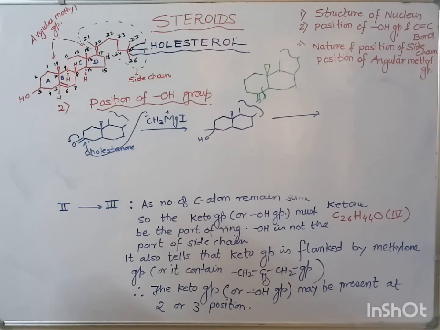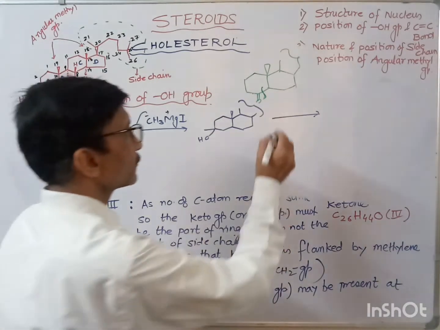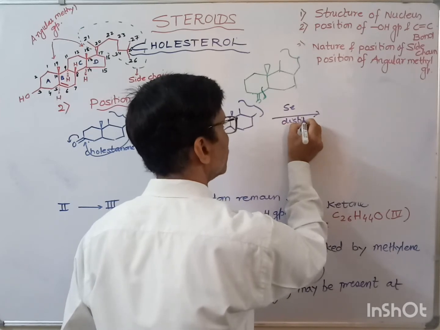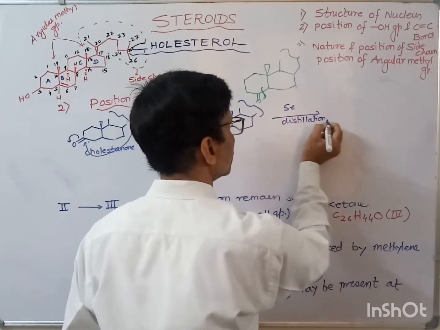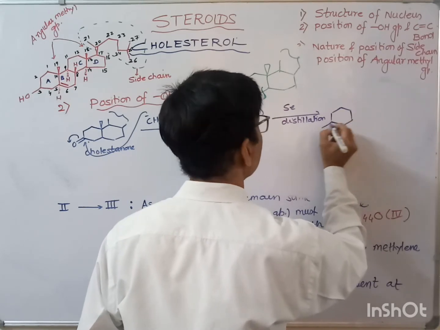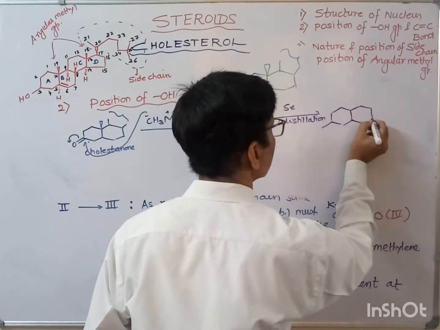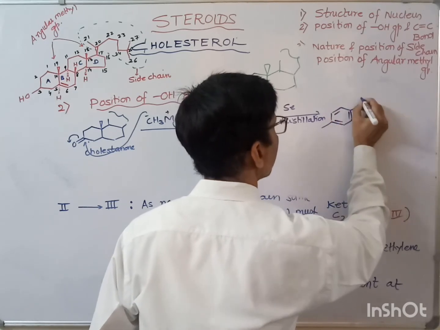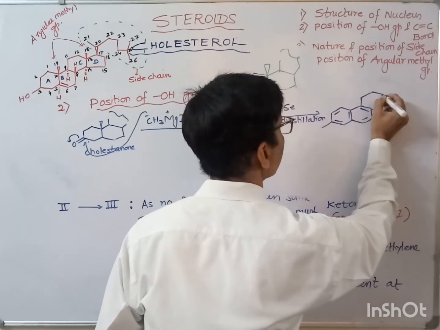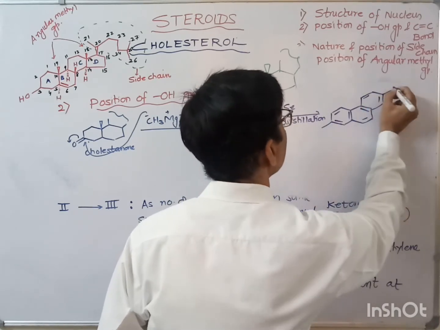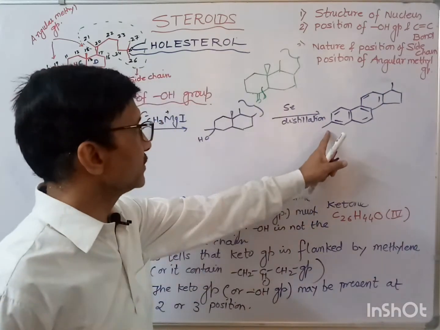Now further, when it was treated with selenium at distillation, the Diels hydrocarbon was obtained, having the CH3 group at this third position.